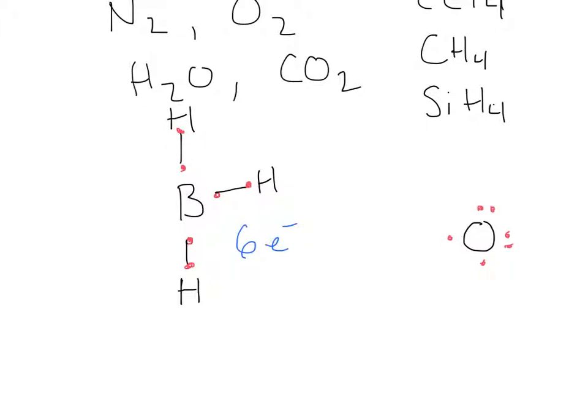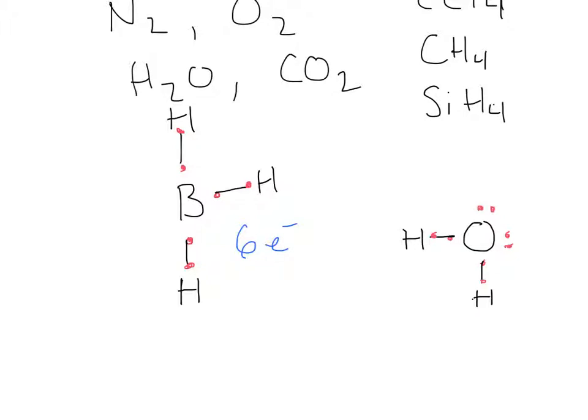It's not going to share all 6, it's only going to share 2. It only needs 2 more electrons. So the hydrogens are going to share just with these 2. The hydrogens get the 2 that they need to fill up theirs, and the oxygen gets its full 8.